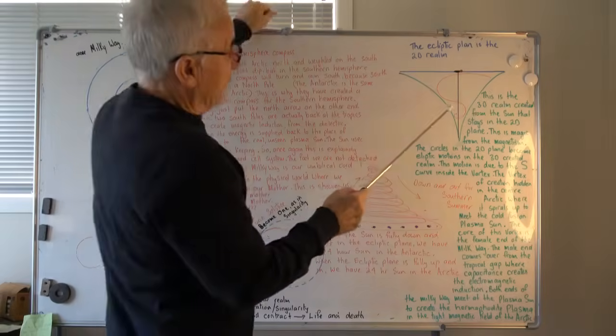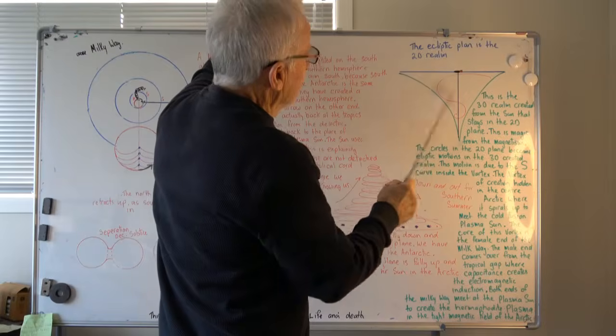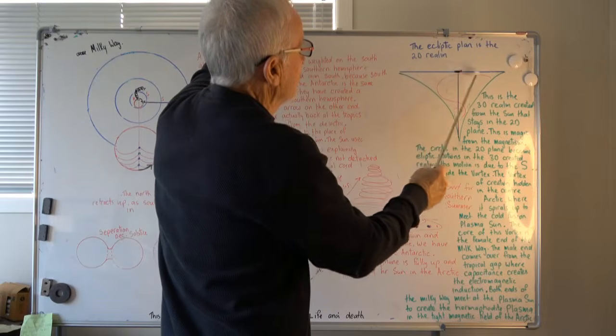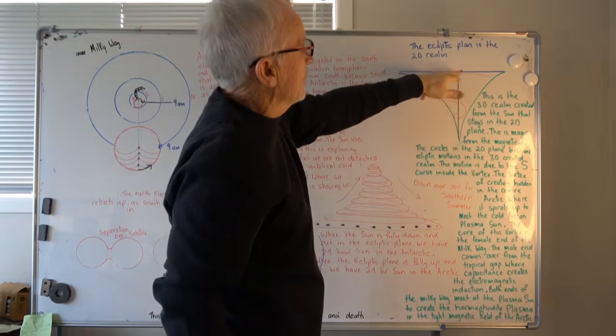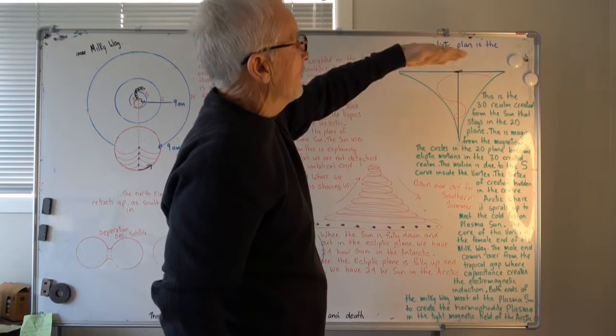Over here we have the vortex of creation. There it is, the female. So the ecliptic plane is the 2D realm. It's 2D. Collapses back to nothing. Look, nothing. Black hole. 2D plane. Flat. Nothing. No life.